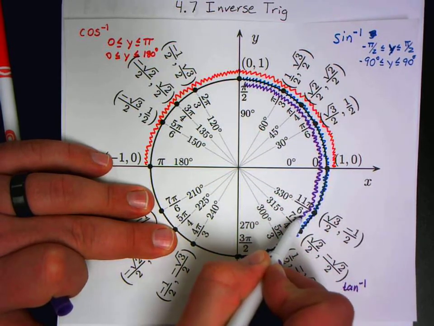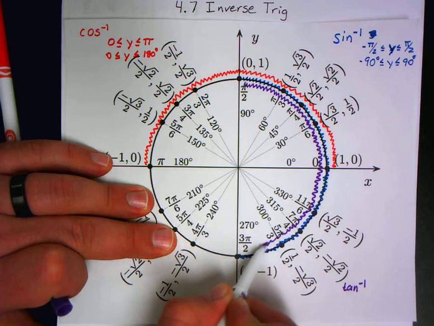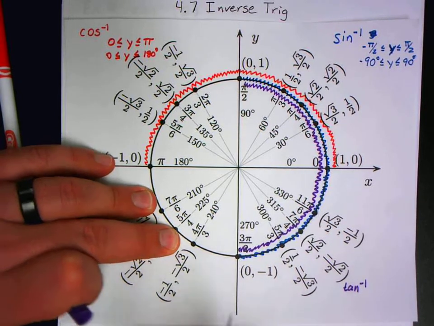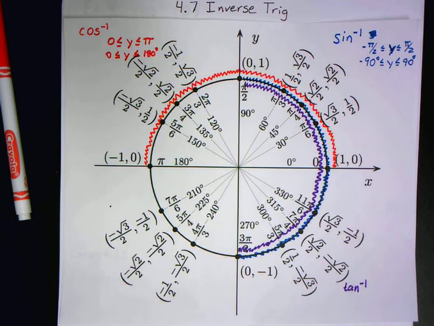I do not know who decided that, or why. My best guess is they decided to define it in the same place as sine because sine is in the numerator, but I don't know.